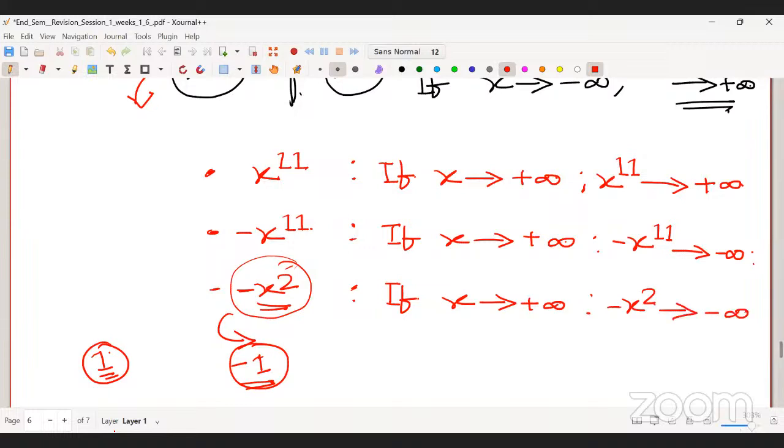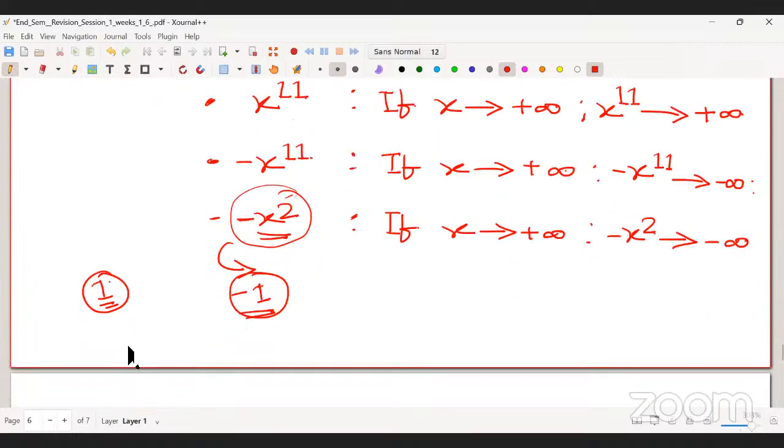Minus infinity, right? No, that was my first doubt, sir. Whether the power is odd or even, the end behavior depends on both the things, the power as well as the coefficient. But minus x power 11 and minus x power 2 both are tending to minus infinity, no, sir?